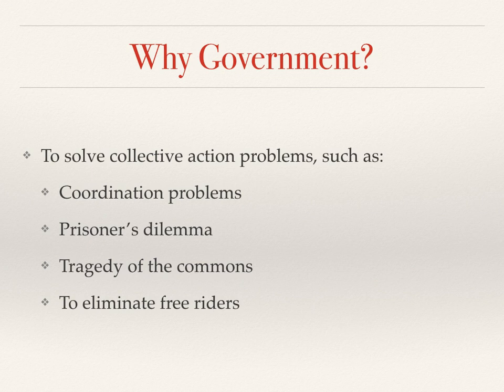Prisoner's dilemma is a little bit different. This is when people actually know that agreeing to coordinate gets them the best solution. However, if they do something on their own that undermines that good solution, they still come out okay.